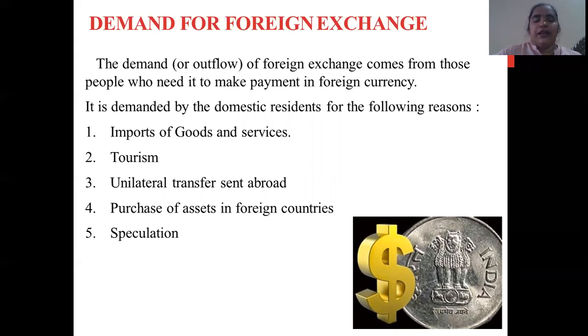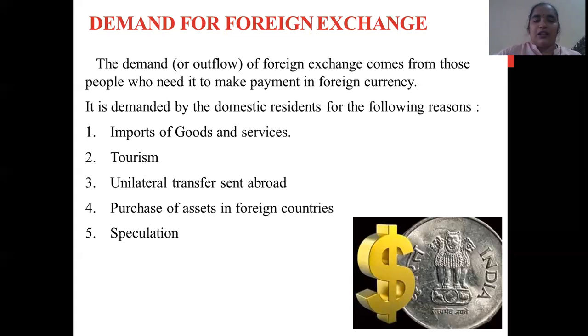That is for tourism. Then unilateral transfer sent abroad means this home domestic country is sending some funds, for example foreigners working in India are sending back their income to their hometown.